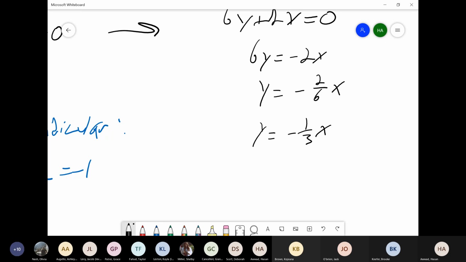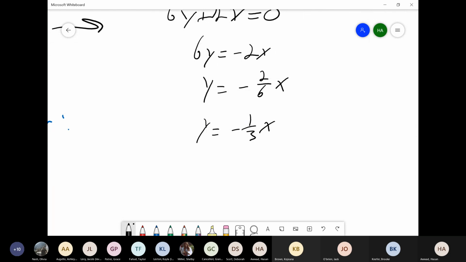And now, real quick, just because I want to see if you guys understand, what's my intercept here? We know that this is in slope-intercept form, right? Because we solved for y, it's all by itself, and we have some slope in front of x. So what is my intercept? What's the hiding number here? Exactly, Deborah. 0, right?